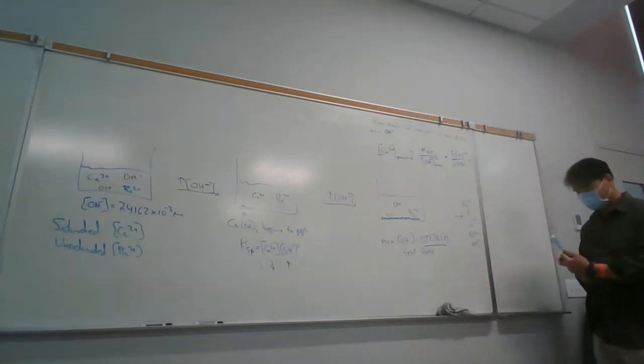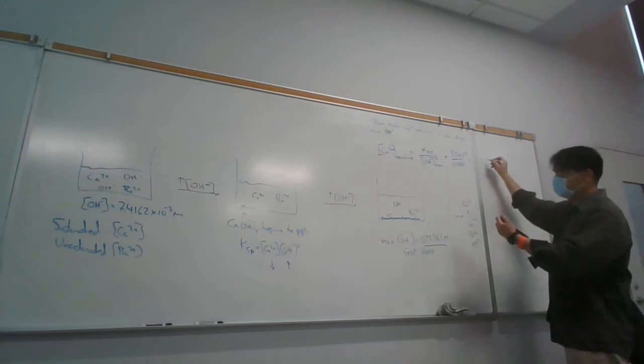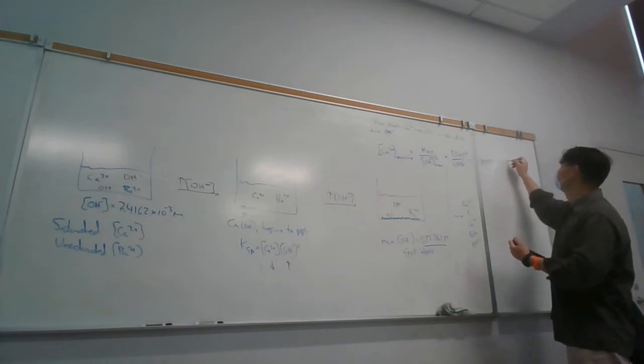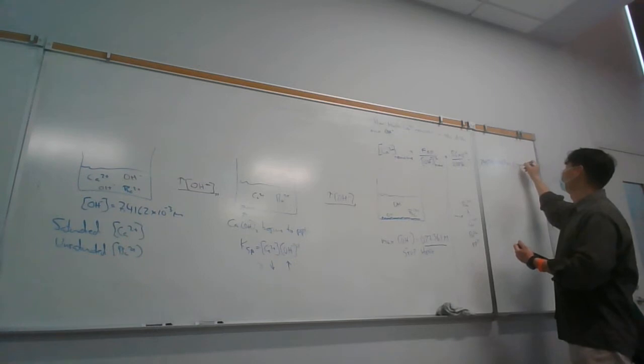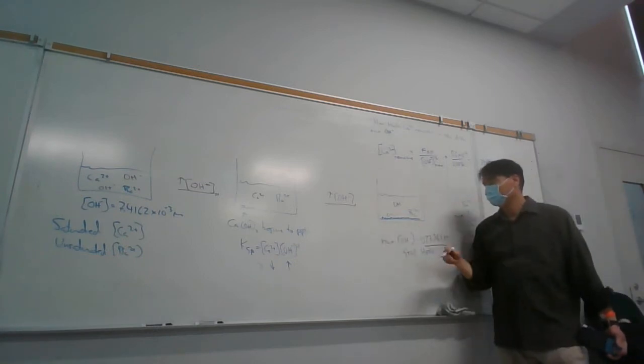So let's see what that comes out to. So at this point, we have 2.4597 times 10 to the minus 5 molar calcium ions in solution here.